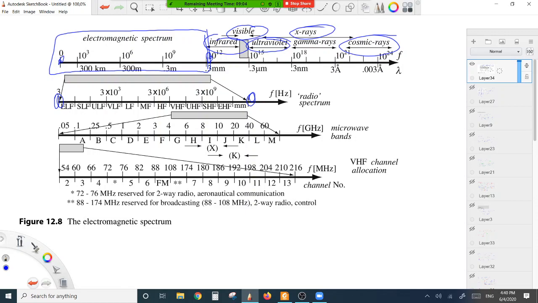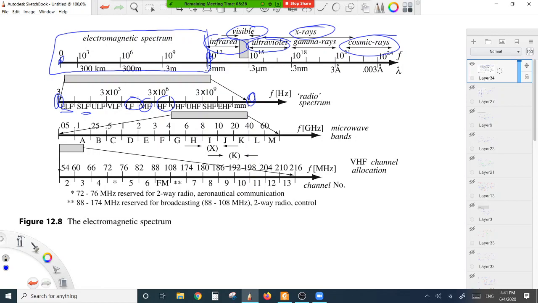Here you may see the name of each band: ELF, SLF, ULF, VLF, which stand for, for example, LF low frequency, MF medium frequency, high frequency, very high frequency, ultra high frequency, super high frequency, and extra high frequency.